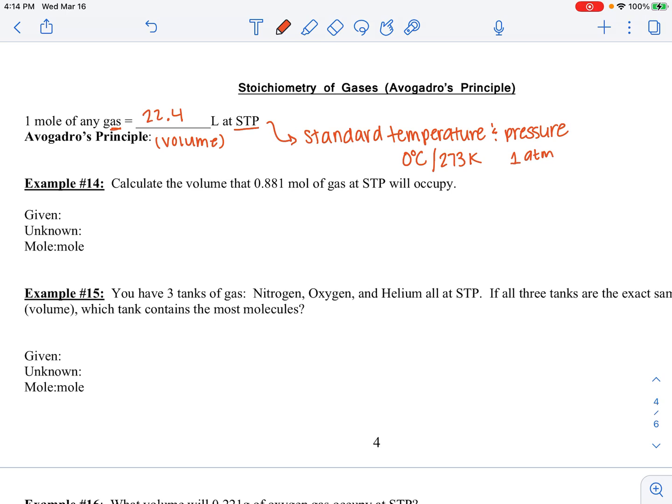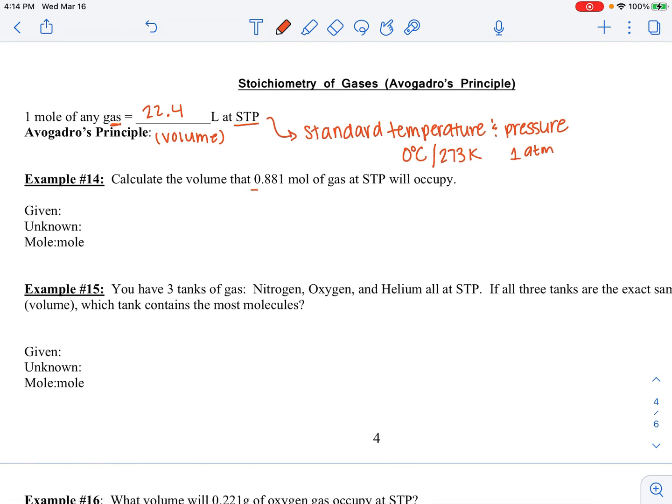So let's see what that looks like in terms of a problem. Calculate the volume that 0.881 moles of a gas at STP will occupy. Notice this is the same constant no matter what that gas is. Even if I don't give you helium gas, oxygen gas, something like that, as long as you have a gas and it's at STP, you can convert it.